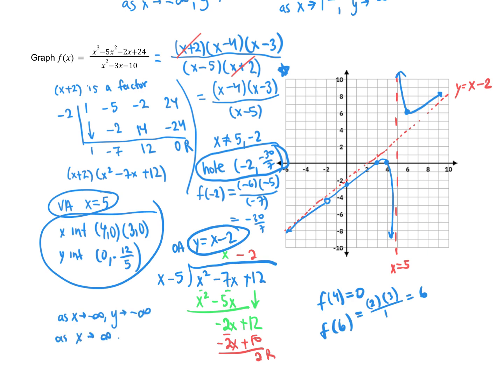As x approaches infinity, I would plug in, let's say 100, and I will get a positive large number. So y is approaching infinity. As x approaches our asymptote of 5 from the left, I would plug in, let's say 4.99, and I would get a negative number. So y approaches negative infinity.